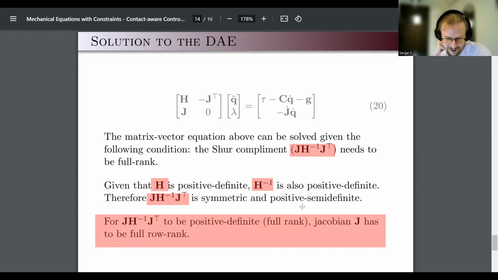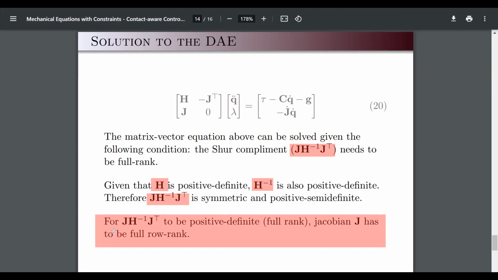Now, if this is the case, so if J is full row rank, so the rows are independent, okay? Then the Schur complement works, and we can have an invertible and solvable system.